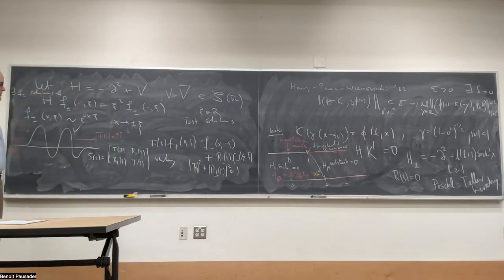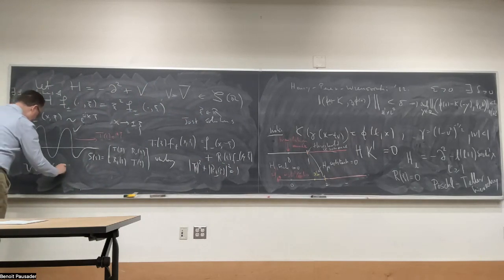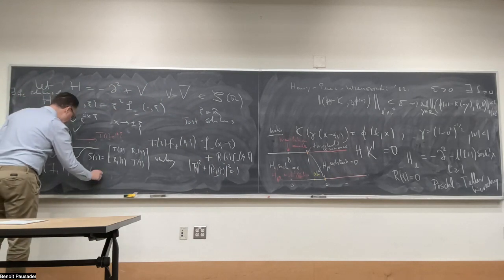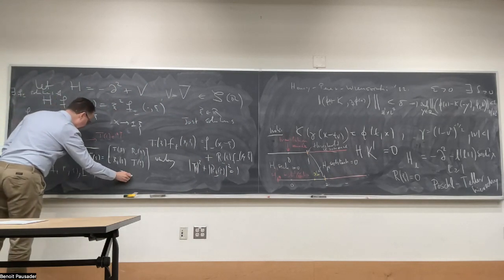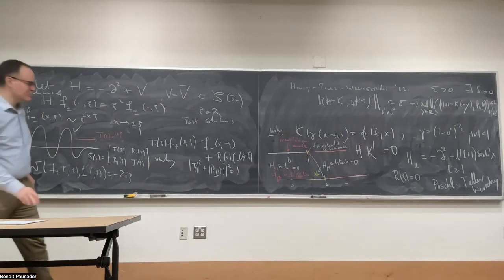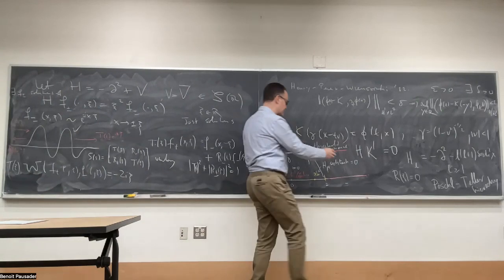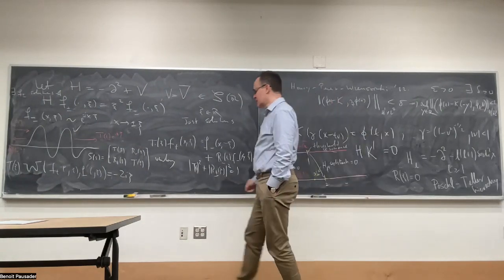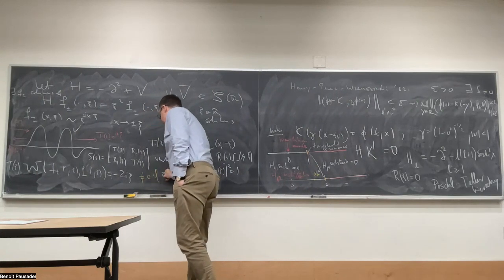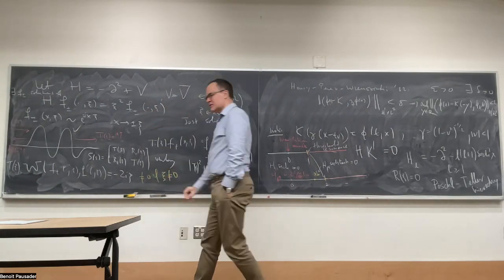And as you can imagine, the Wronskian of f plus and f minus will play a special role. And that happens to be, if I remember correctly, transmission coefficient T of psi times the Wronskian is minus 2i psi. This is a highly significant equation. Why? Because it shows you that the Wronskian between f plus and f minus cannot vanish. So this is not going to be 0 if psi is different from 0.